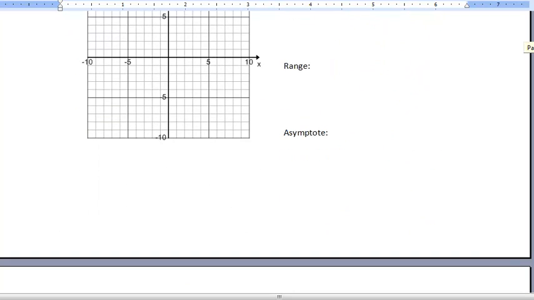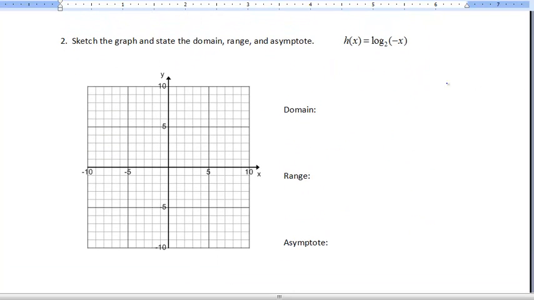Now as I roll down here to the logarithm graph, again, if I look at log base 2 of x, let's just say that's f of x. Log base 2 of x is going to be the inverse of 2 to the x.